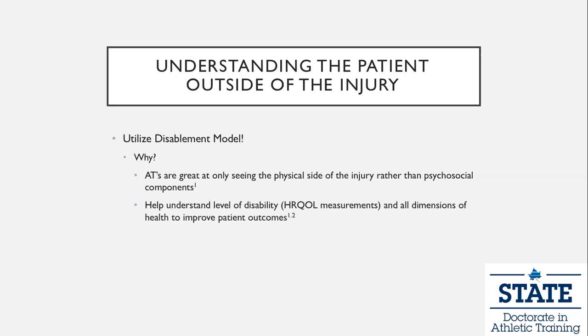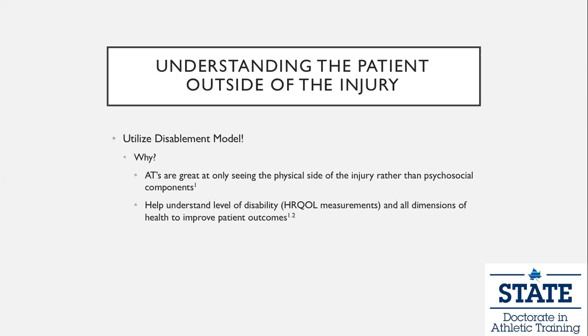So moving forward, a way to fill in this gap of not looking at the patient outside of their physical injury would be utilizing disablement models. It's something we've talked about so far, and I've heard it brought up plenty of times, but I've never thought about implementing it.